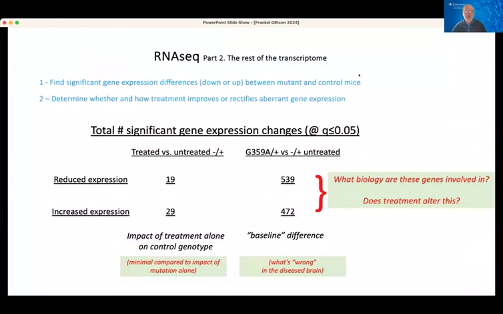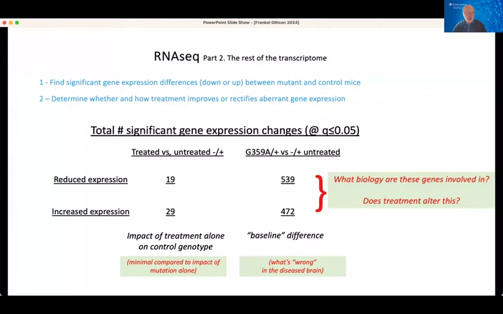So the last bit of data I want to show you is what happens to all the other genes when you put AAV in their brain and knock down DNM1 and replace it with artificially engineered DNM1. And so the goal here is to determine whether there were significant gene expression differences, increased or decreased, between mutant and control, and ask if there were any, were they changed after treatment? And so using kind of a standard for gene expression, there are two basic numbers here.